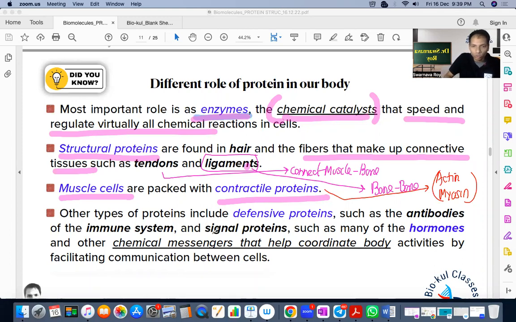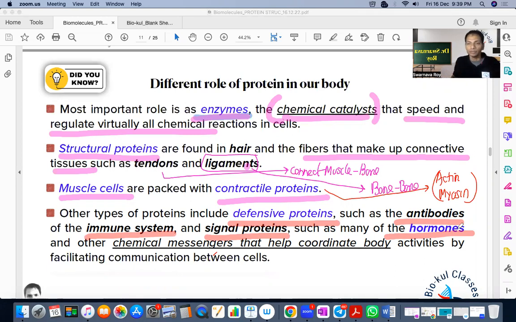Also, we have proteins which include defensive proteins such as antibodies. Antibodies defend us. If any kind of infection comes inside our body, antibodies are protecting us. Such as antibodies of the immune system. And then we have the signal proteins, such as many of the hormones, right? A lot of protein-based hormones help to control and coordinate between different kinds of organs.